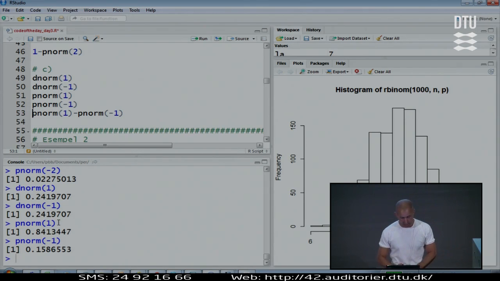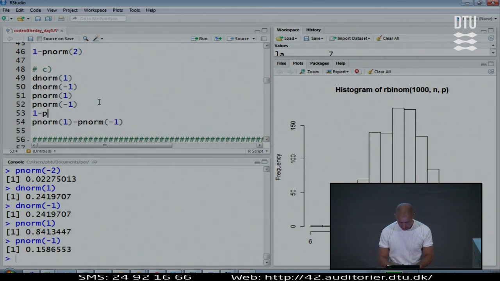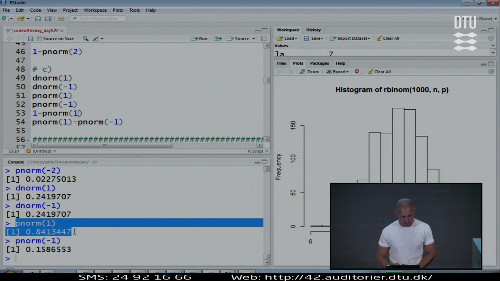But it's symmetric in the other sense that if I take the right side, 1 minus P norm. P norm is the left probability, you could say, to the left of minus 1. But if I take the left of 1 instead, that was a high probability, 84%.